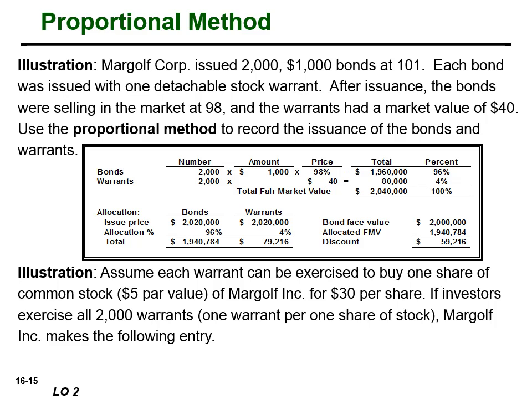So take your 0.960784 and multiply it by the amount of cash that walked in your door, which is $2,020,000, or 101% of $2 million. And that is the value of your bonds, $1,940,784 rounded.